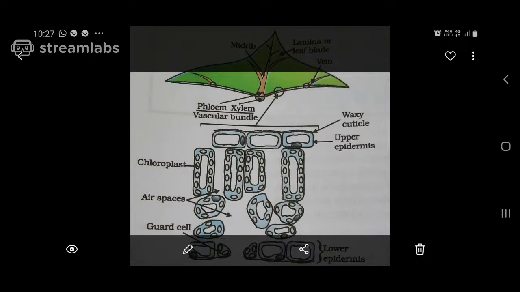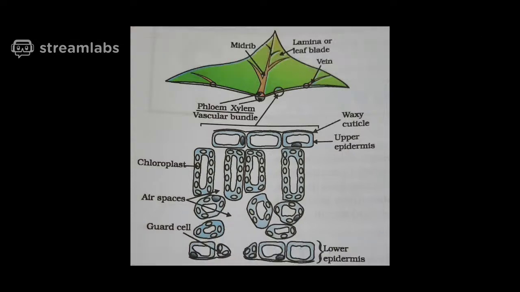Along with that, sunlight falls on the leaves. So, the three very important things: carbon dioxide from the stomatal pore, water collected from the xylem, and sunlight absorbed with the help of chlorophyll pigment, which is abundantly found in the leaf.